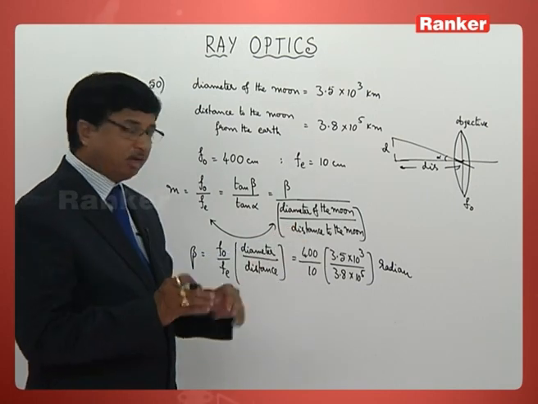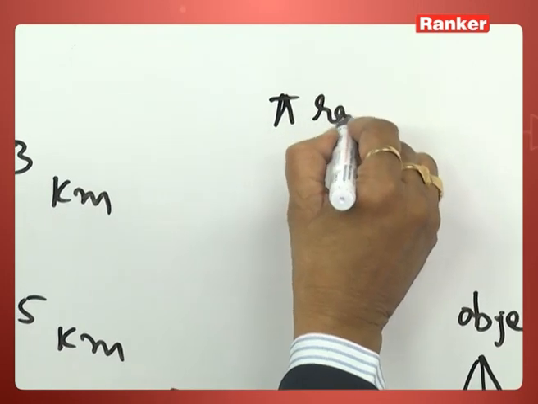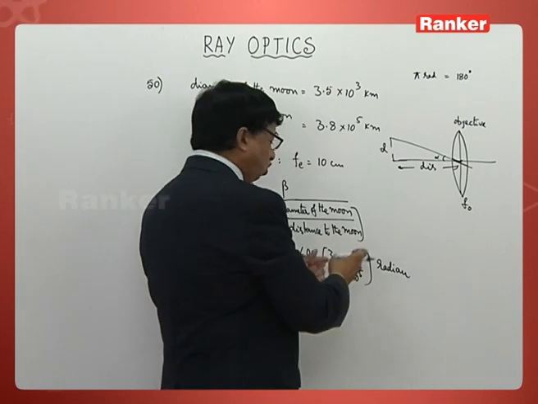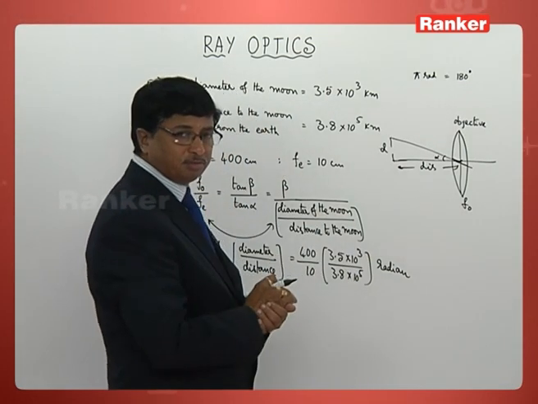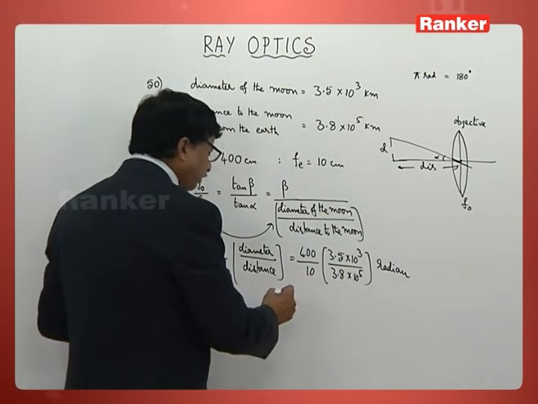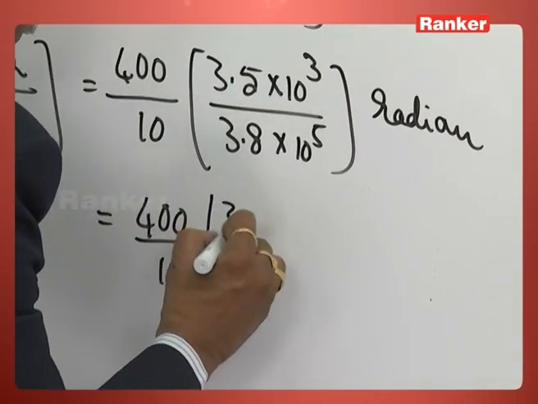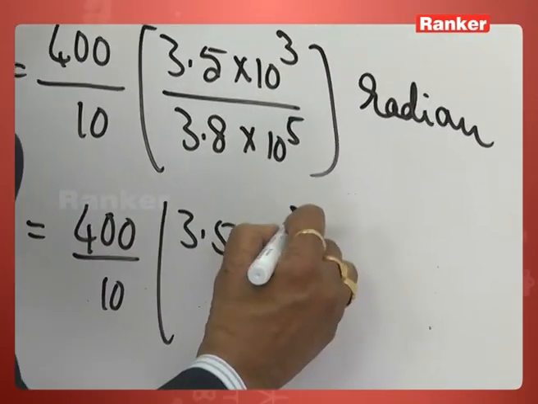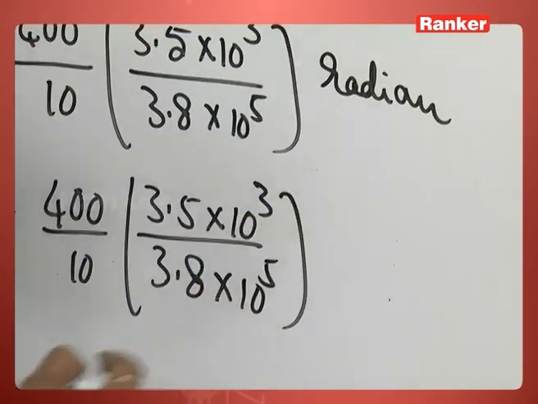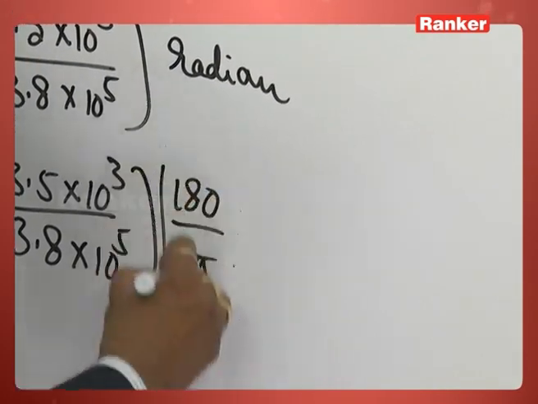Therefore, the conversion is pi radian equals 180 degrees, so multiply by 180 by pi. This becomes 400 by 10 into 3.5 into 10 cube by 3.8 into 10 power 5, into 180 by pi.